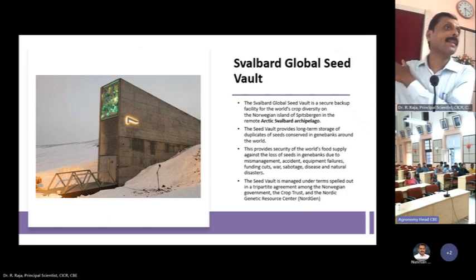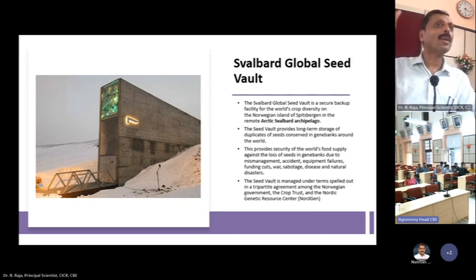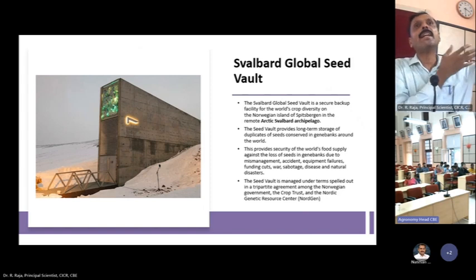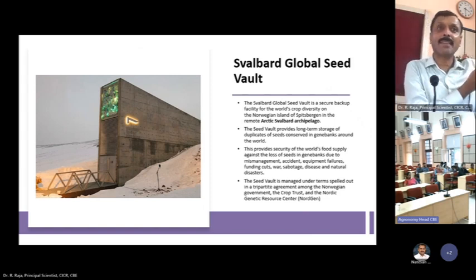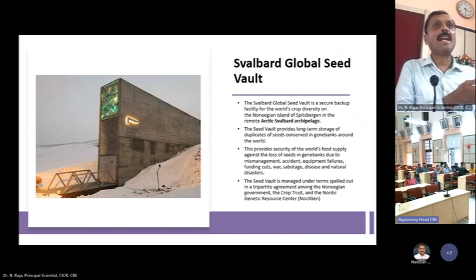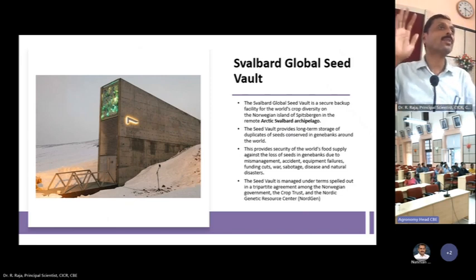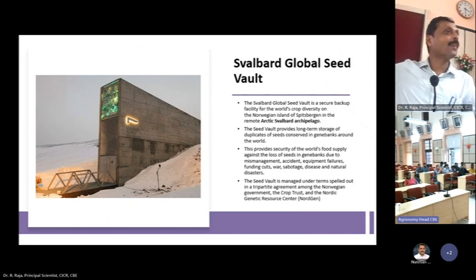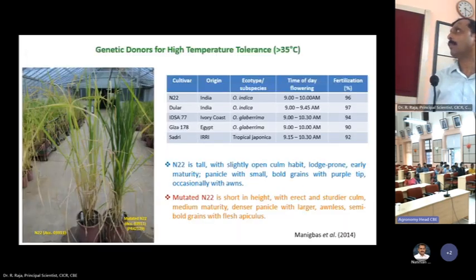One set they kept here. The one advantage is it is always under minus temperature, so you need not maintain it manually. In our gene banks, we always maintain minus 17 degrees or some particular temperature manually. But if anything happens to this planet Earth, somewhere something will be there. That is the concept they are following. But they are very important for breeding purposes.